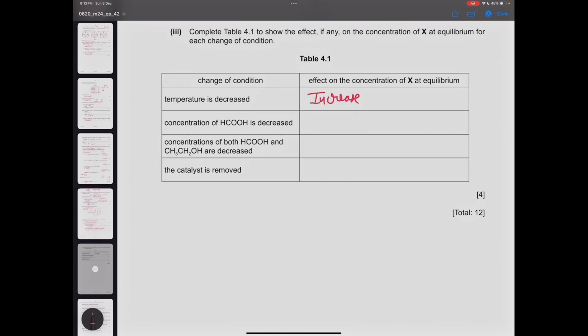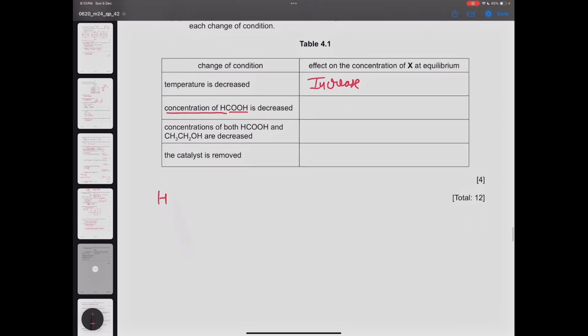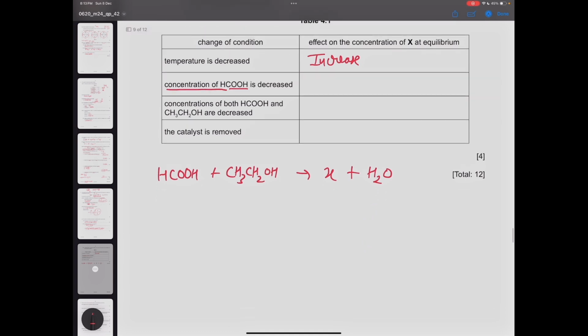Increase. Now, if you're decreasing the concentration of HCOOH, let me write down the equation here to make you understand. Concentration of HCOOH is decreased. Now, you can use a method for this. Just consider it to be a seesaw.